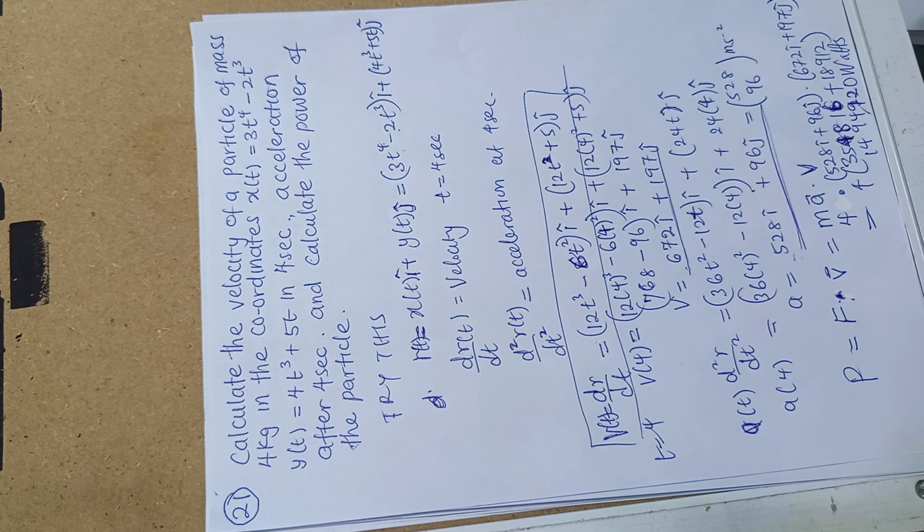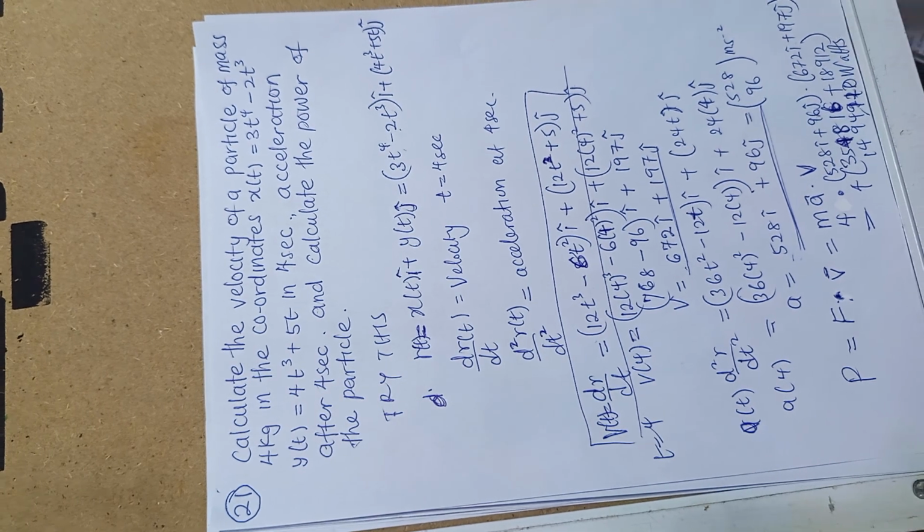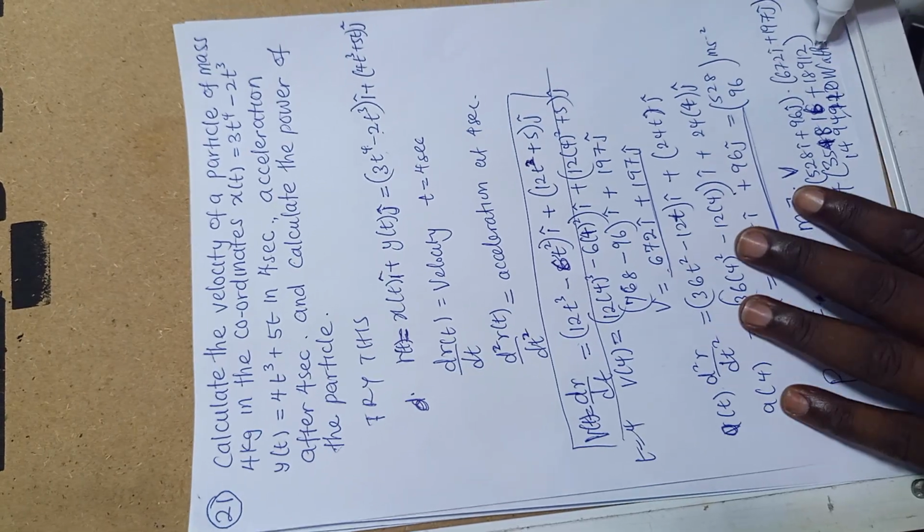You are going to have 18912. Then add them together. What you are going to have is 373,728 times 4, 1,494,912.